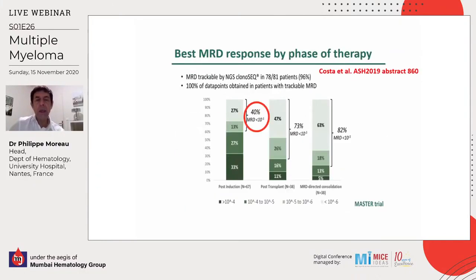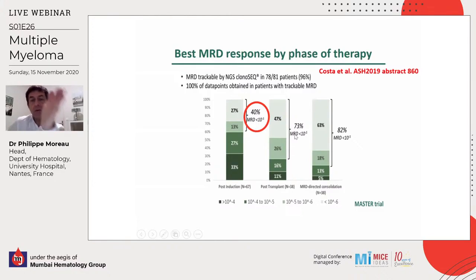And interestingly, they showed that after induction, 40% of the patients were able to reach MRD negativity. And after stem cell transplantation, 73% of the patients were MRD negative. The treatment was stopped for those patients MRD negative after induction and after stem cell transplantation.